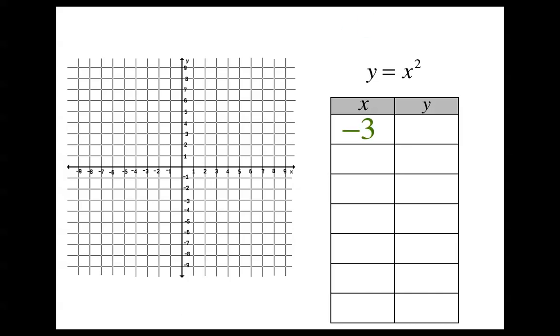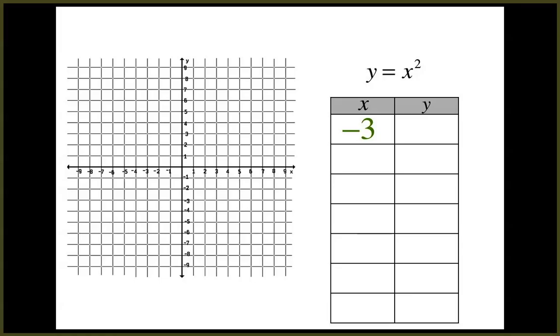Let's start with negative 3. Why would we start with negative 3? Because I said so. If you plug negative 3 in for x squared, and put that negative 3 right here and then square it, you would get negative 3 times negative 3, right? Negative 3 times negative 3 comes out to what?